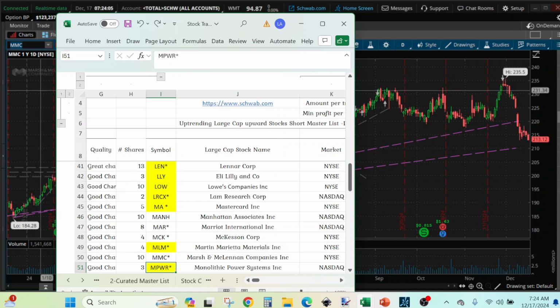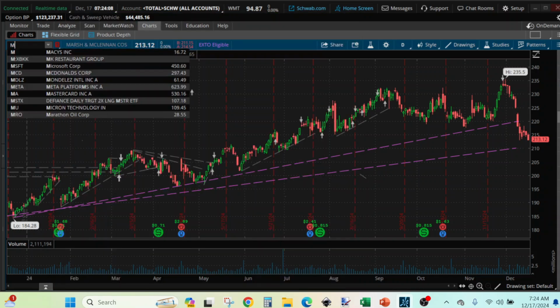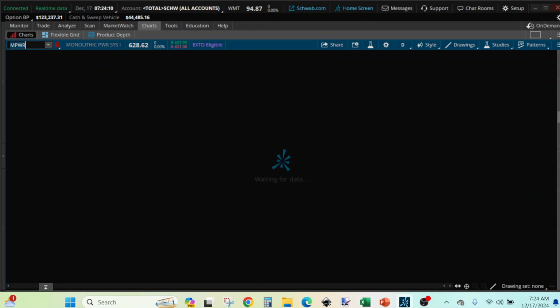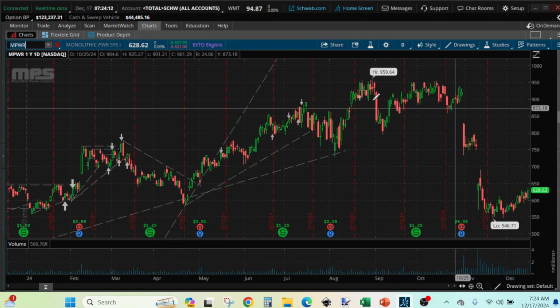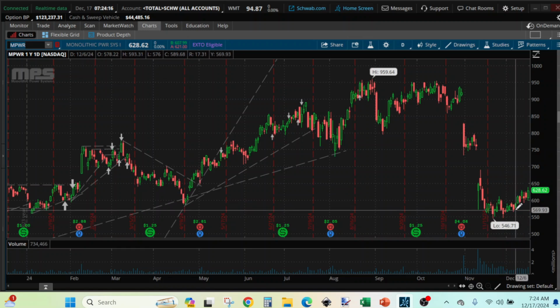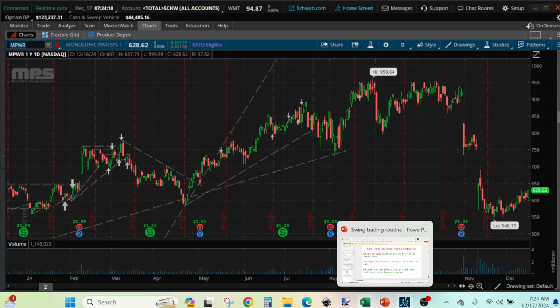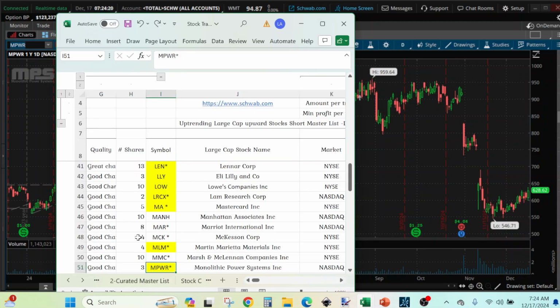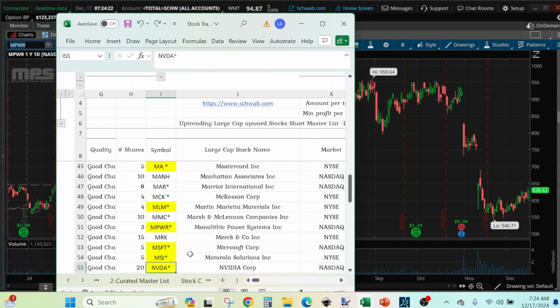MPWR, we bought it already somewhere there, and you can see it is right down there, but we are not getting more because we bought a little bit higher already.